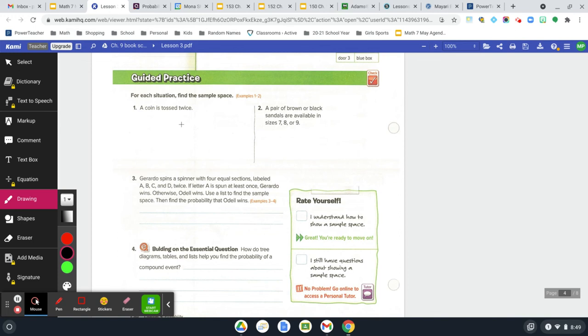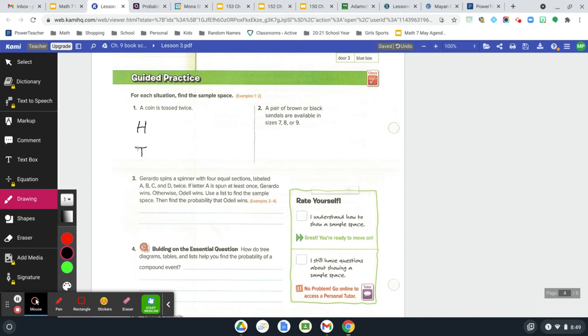Now, here with a coin, number 1, it's going to be tossed twice. So here's what I want you to think about. The first coin number 1, the first toss on that coin, your possibilities are getting heads and tails, right? So on that first toss, here's what you could see.